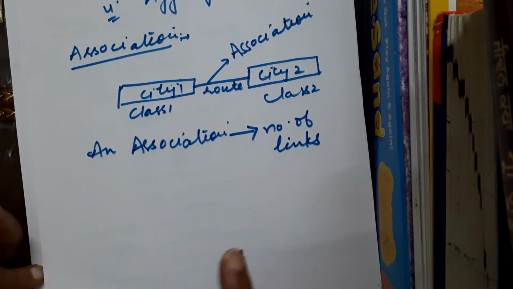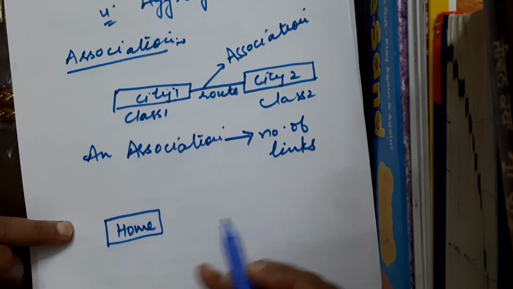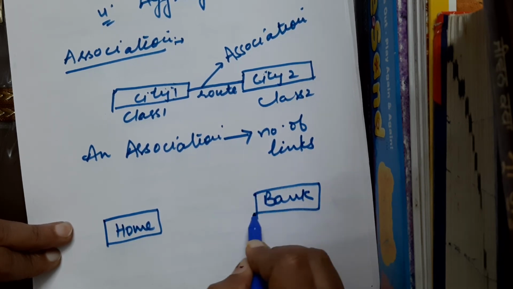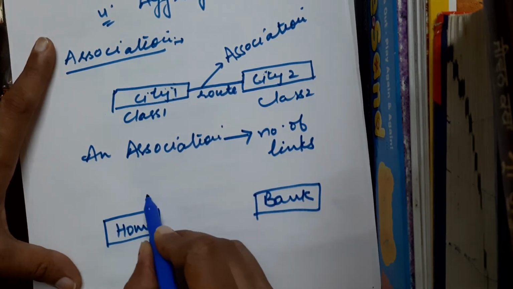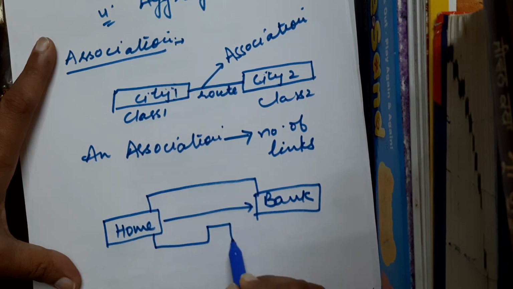Let's take an example that we want to move from our home to the bank. There are a number of paths which one can follow.